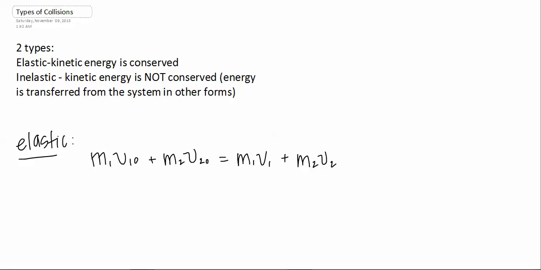So what do I mean by that? If we're looking at our two Pasco cars and they collide with each other, so you've got one object here and you've got another object here, the collision occurs on this flat surface where there was no change in potential energy.